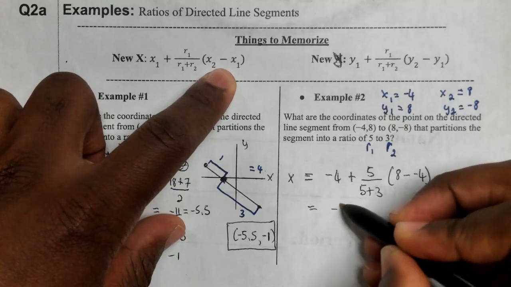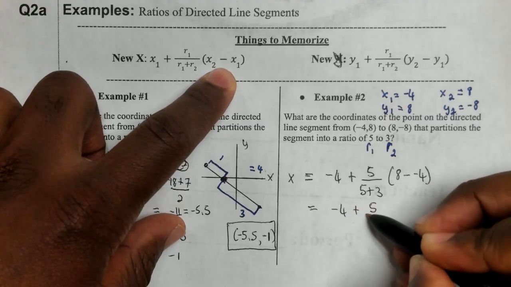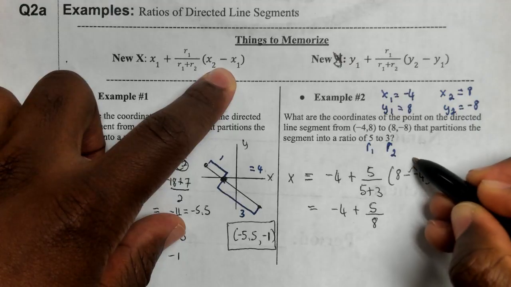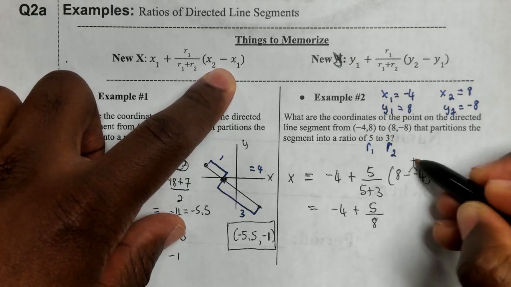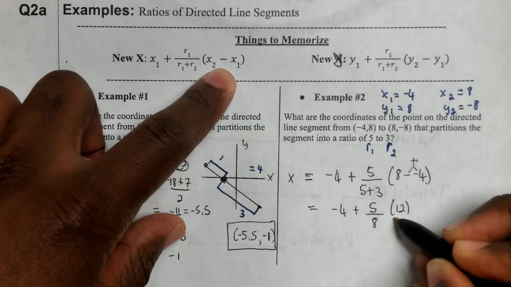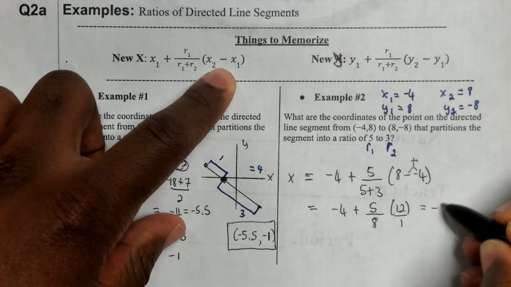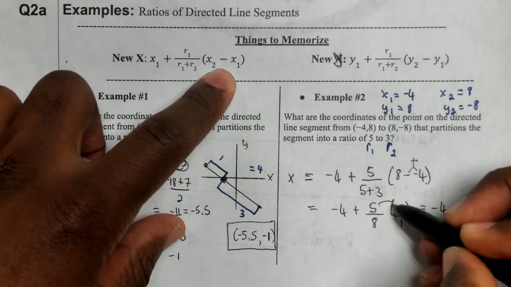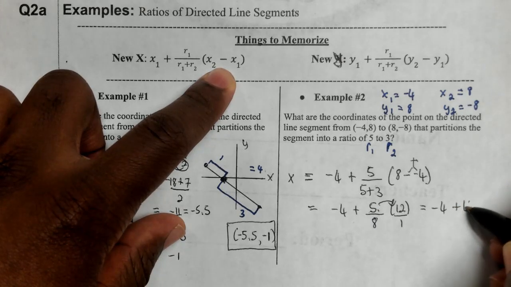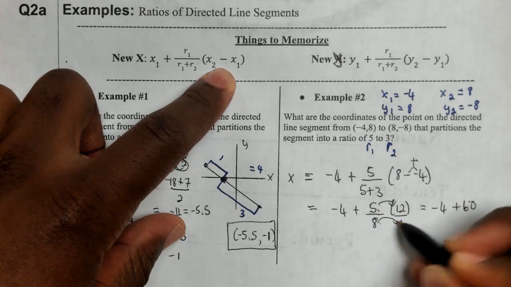So you get -4 plus 5 over 5 plus 3 is 8, times 8 minus -4, and the negative sign negative turns into a positive. 8 plus 4 is 12. So this is the same as 12 over 1. The -4 you bring down. You multiply the numerators. 5 times 12 is 60, positive 60. 8 times 1 is 8.